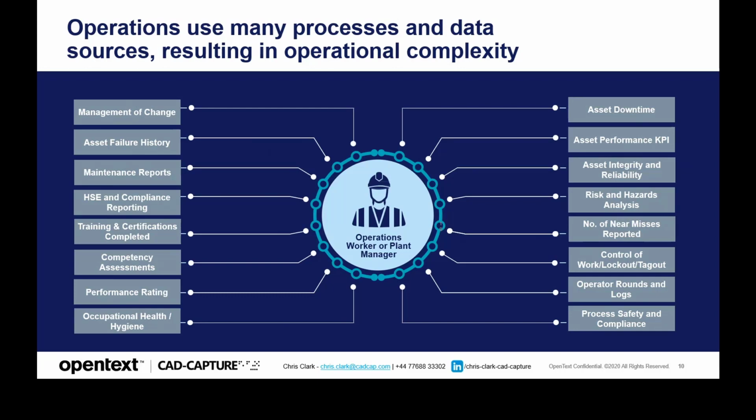In a recent survey, we found that on average, an operations and maintenance engineer has 28 different systems to navigate daily. Each of these systems will have different taxonomies, different search tools, and varying data quality, anything from paper up to fully digitized information. This is clearly time consuming, it's complex, and it's almost designed to produce errors.